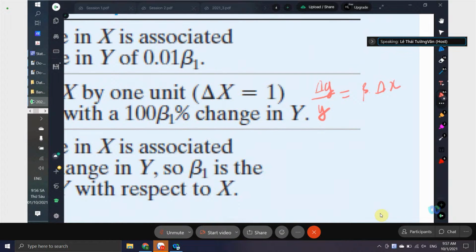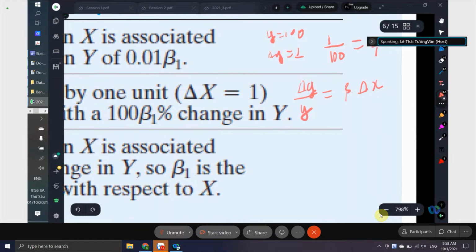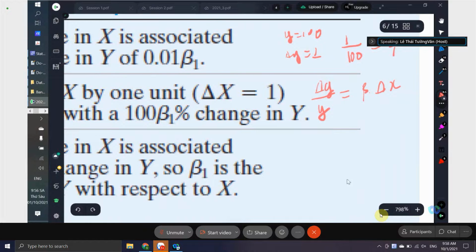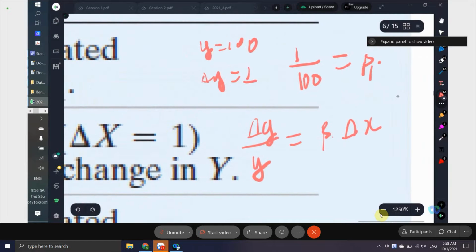So we come up to, if y is 100 and delta y is 1, right? And then in that case, 1 over 100 is equal to beta 1 times delta x.